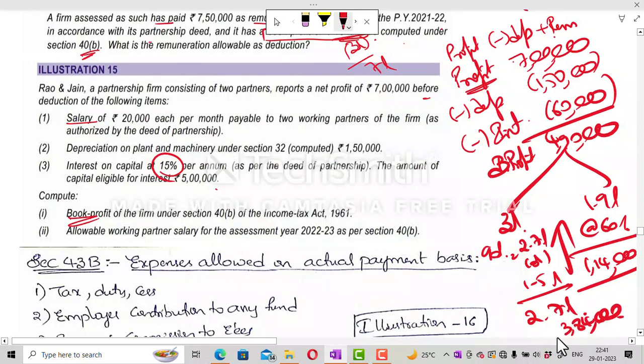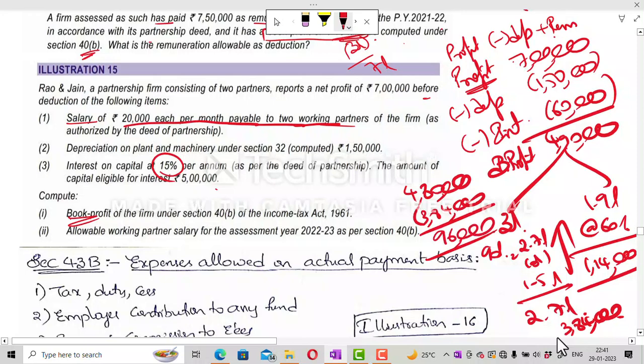It is the maximum amount of remuneration, but what they have paid is 20,000 per month to two working partners, means 20,000 each, for 2 persons for 12 months, 4,80,000 they have taken. So minus 3,84,000, we should disallow 96,000. Since it is not actually deducted, we should take the maximum of this expense.